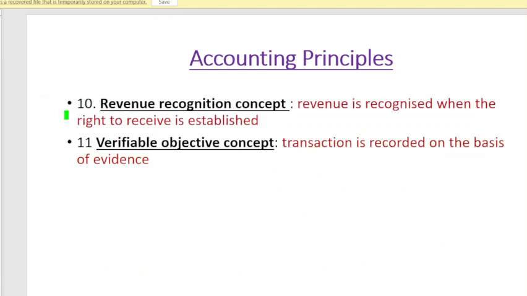Then lastly we have got only two: revenue recognition and verifiable objective. Revenue recognition says revenue is recognized when the right to receive is established. You recognize the revenue when your income becomes due. Due means when you have developed a claim on the income that you will get. Say you worked for a person for a month, right? After completion of that month, your income becomes due.